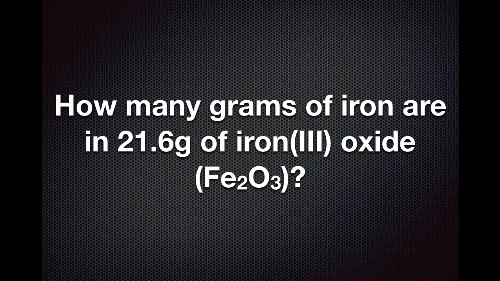So the first thing that you should do is find the molar mass of your iron 3 oxide. I'm going to look at the periodic table and look for the mass of iron. Again, iron is in the middle. Its atomic number is 26. Each iron is 55.9, but I have 2 of them, so I know that 2 iron atoms is about 111.8.